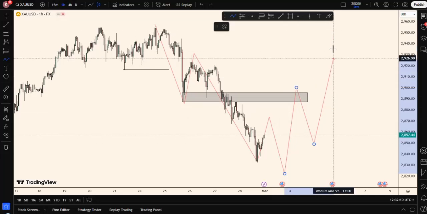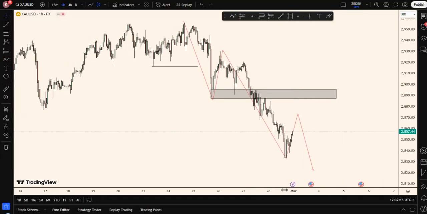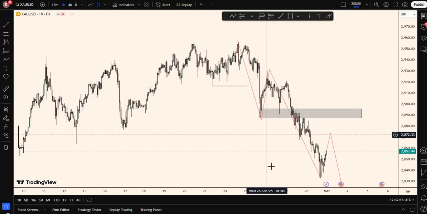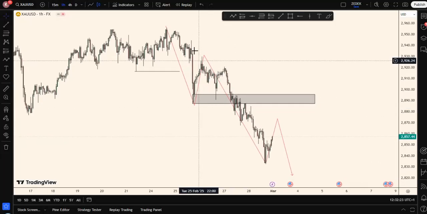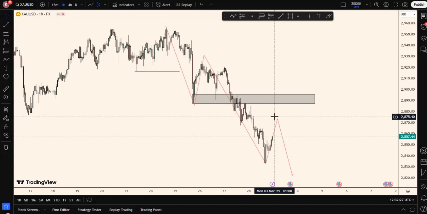I'll still buy in line with the trend. So anything that happens in the week, I'm open to it. Remember, we don't predict, we react. So I like this structure, and this is what I'll be focusing on for the week. So I'm just explaining how exactly I do my pre-weekly analysis.